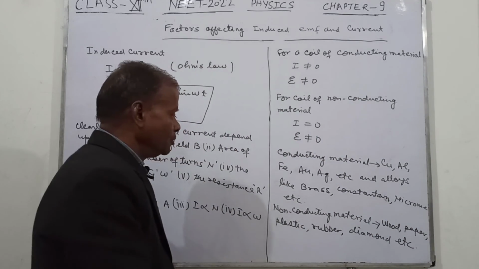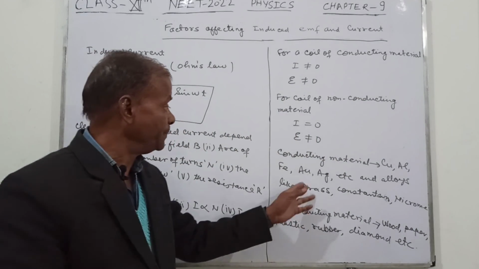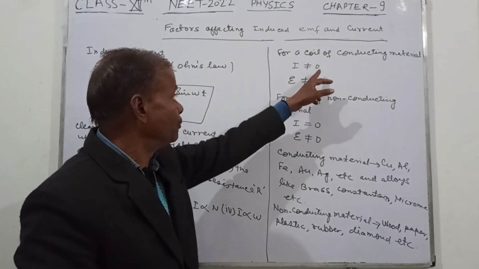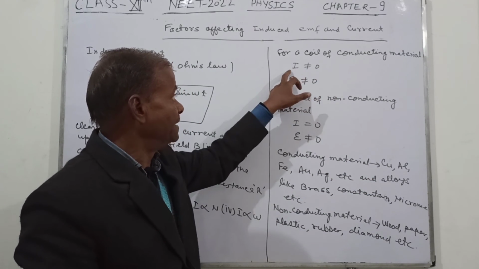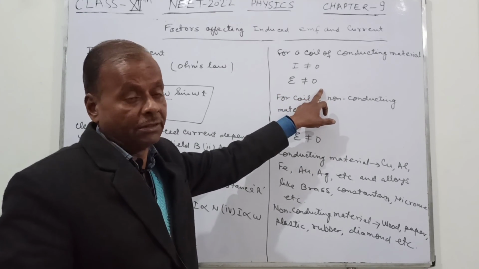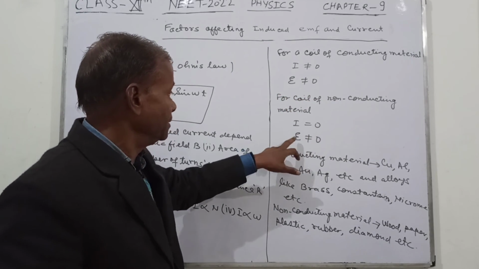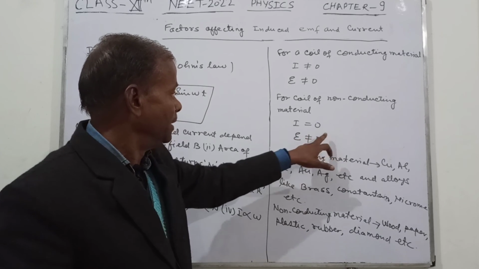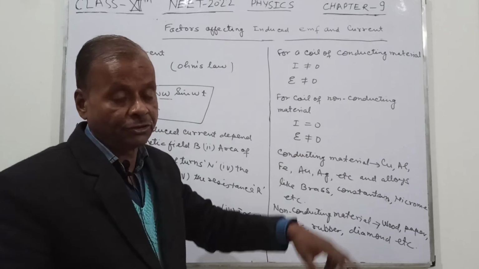Etc. So if the coil is made of this conducting material, then both will exist. Neither I nor E is equal to 0, and here in the non-conducting case, I is equal to 0 and E is not equal to 0.